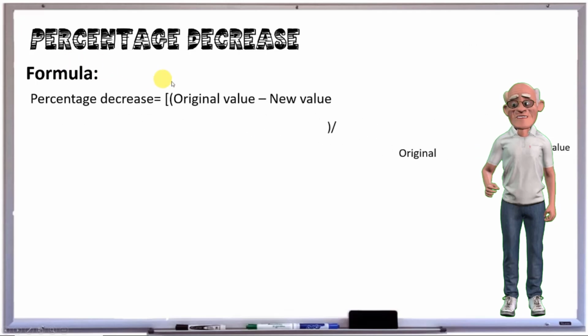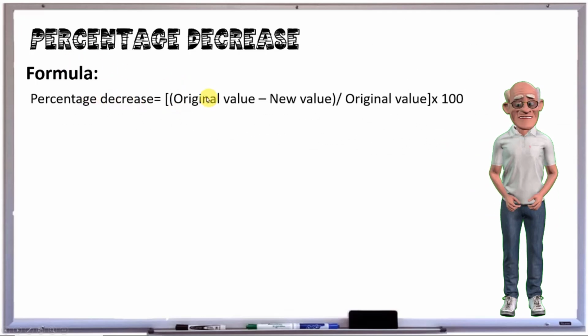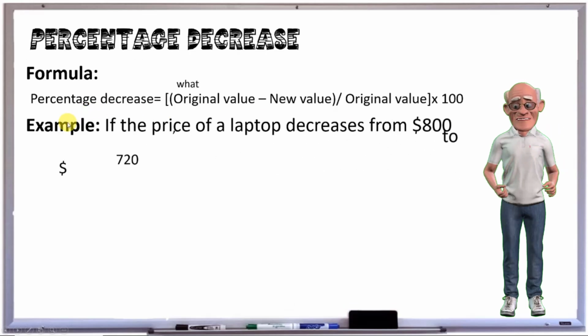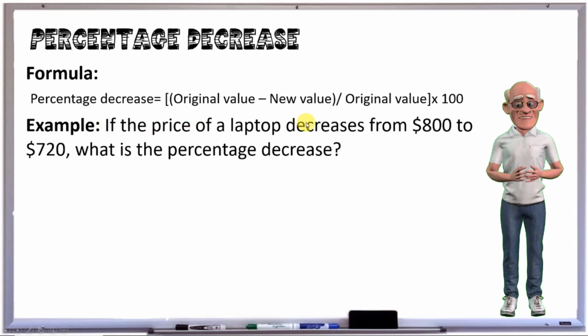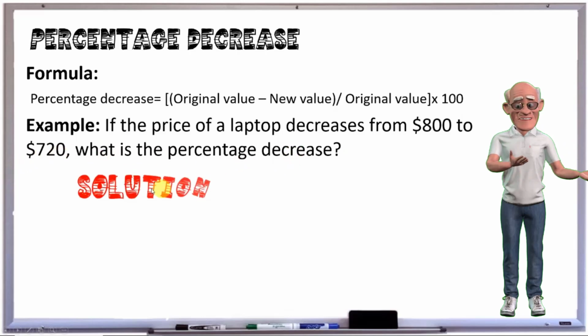Okay, let's look at the percentage decrease. Your formula is percentage decrease is the original value minus the new value divided by the original value multiplied by 100. Example, if the price of a laptop decreases from 800 to 720, what is the percentage decrease? Let's look at the solution.